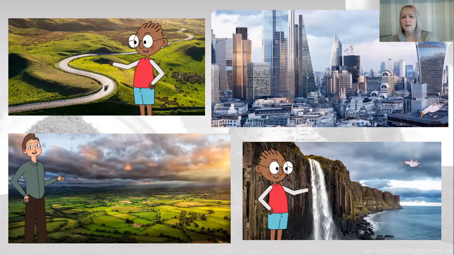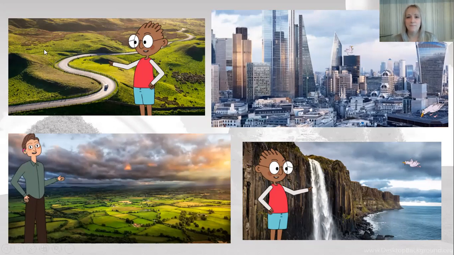We know that a road has been made by people, so it is human. It has not been there all the time. Someone decided, right, we need a road, let's build one. We're going to build it, it's going to look like this, and we'll put it through all these hills and fields. Now the hills and fields around that road are all physical.